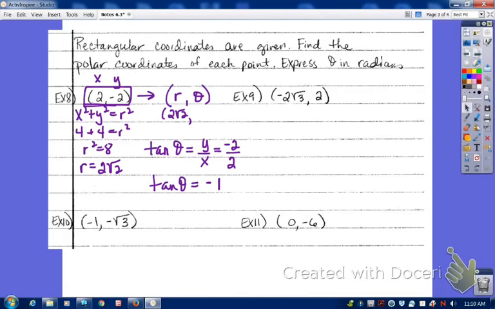Fourth quadrant. Okay, so our theta has to be in the fourth quadrant. Sometimes we won't get a theta in the fourth quadrant, and we'll have to do a little extra step to that. So we do second tan, negative 1, and what does that give you? Negative 45. Is negative 45 degrees in the fourth quadrant?